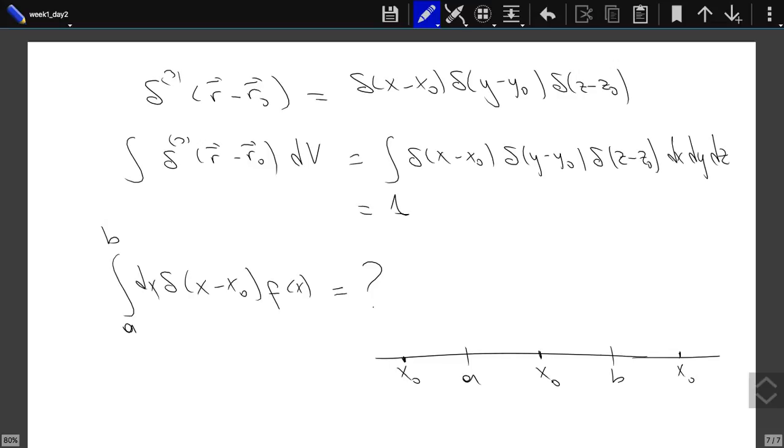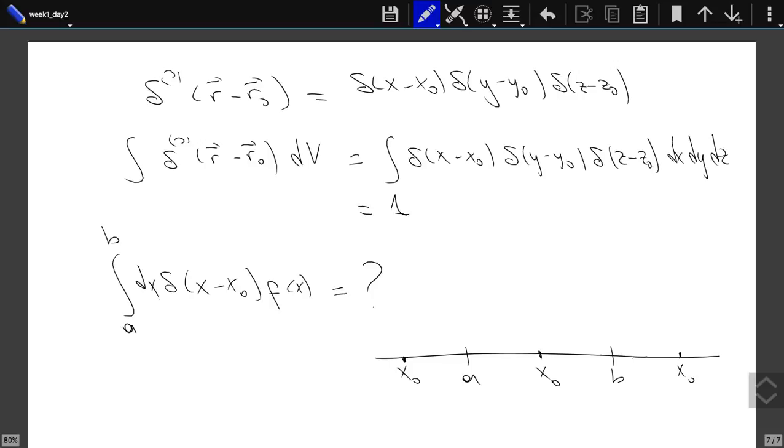Now, if x0 is in this region, then x, remember, takes values only between a and b. That is, x is larger than a. If x is larger than a and x0 is over here, it just means that in this region, x is always larger than x0.